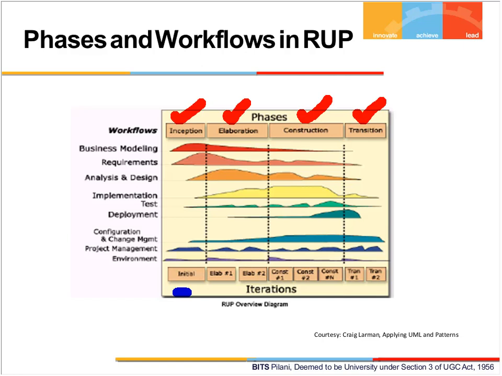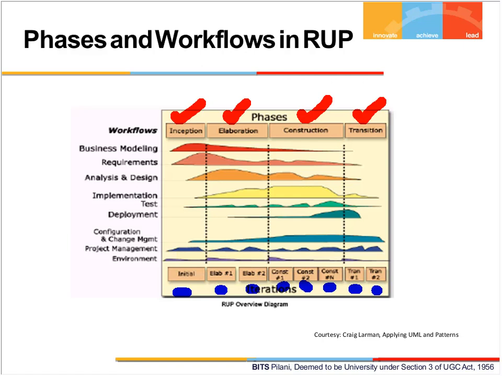You can see in the inception phase there is only 1 iteration, in the elaboration phase there are 2 iterations, in the construction phase there are 3 iterations, and in the transition phase there are 4 iterations, right? So the construction phase has the largest number of iterations, while the inception phase has the least number of iterations.